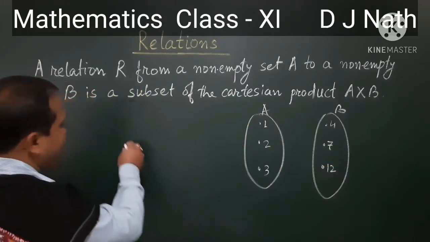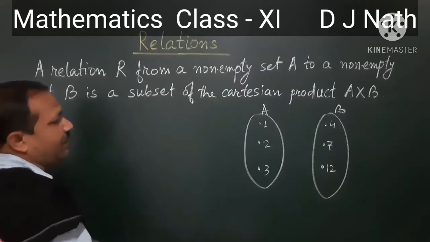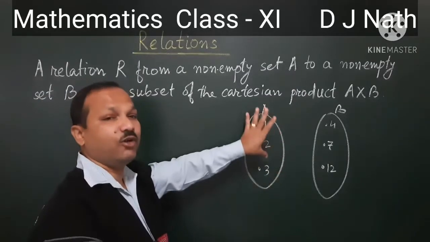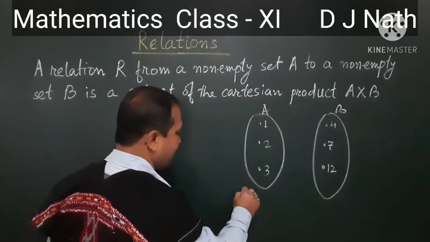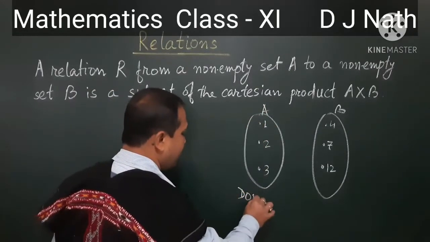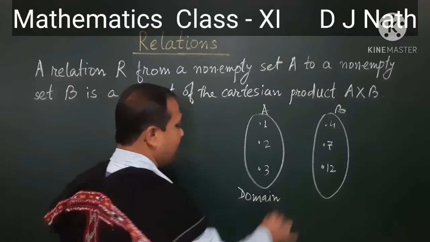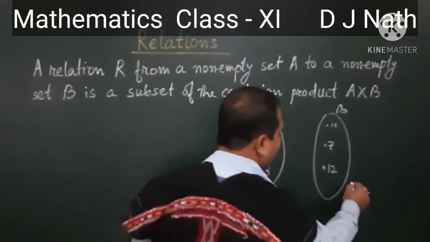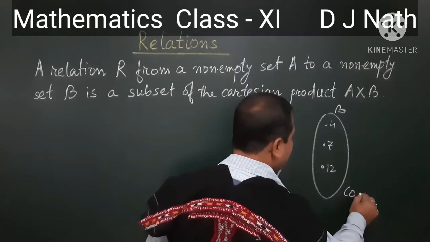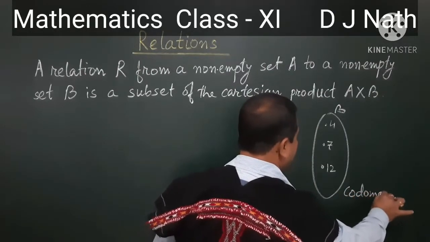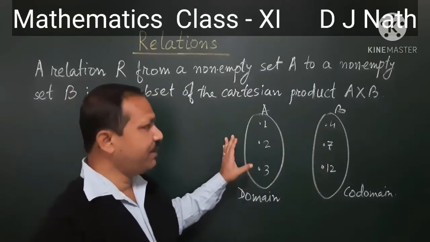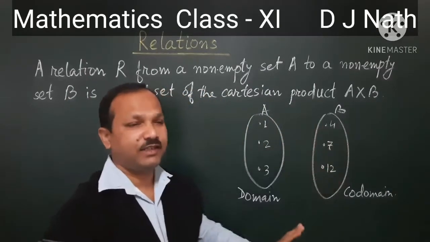In this, the first set is called the domain set, and the second set is called the codomain set. There are two sets: one is the domain set, another is the codomain set.